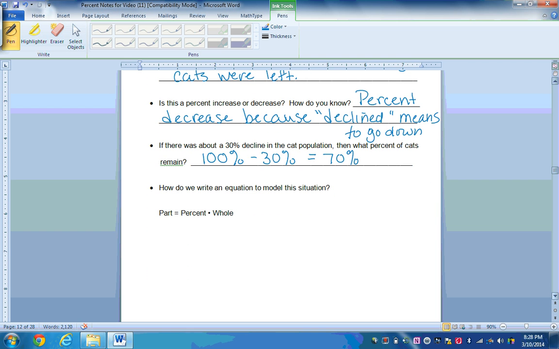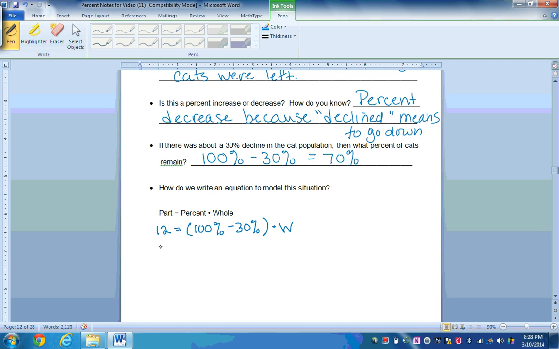The equation is part equals percent times whole. What is the part of the cats that are still left? That is 12. That's equal to my percent. Now the percent remaining, so that is the 100% and taking away the 30%, times my whole, which is my starting amount, and I don't know that number, so we'll call it W.